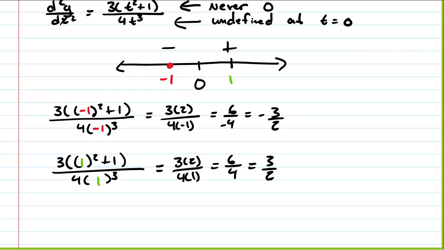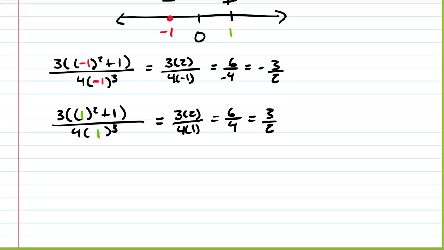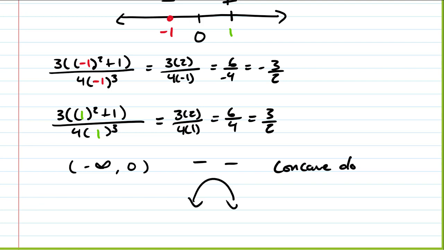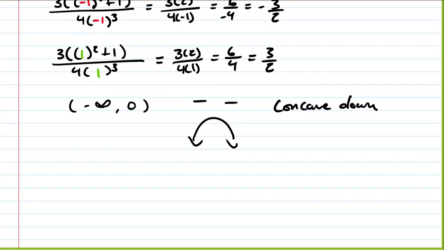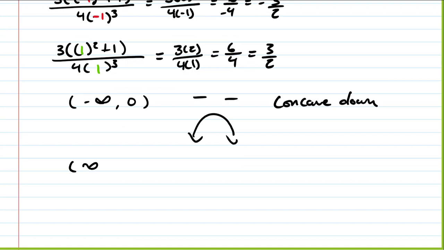So then, from negative infinity to 0, our graph is going to be sad, right? So that means it's concave down. And then from 0 to positive infinity, we had positive, so our graph was happy, and it's going to be concave up.